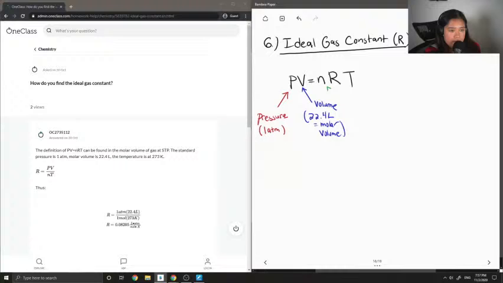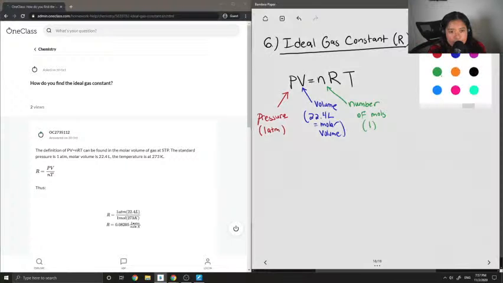N is number of moles, so ideally it's just 1. We're looking for R, and T is temperature.